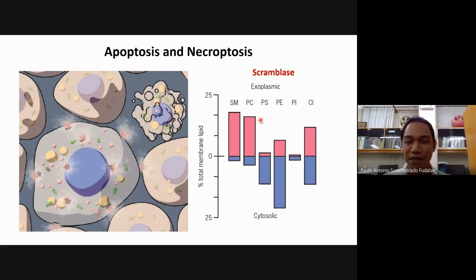Okay, so PC is phosphatidylcholine; the one I meant is PS, phosphatidylserine. So scramblase will cause phosphatidylserine to invert its amount relative to the inside of the bilayer of the cell membrane. So look at this. Scramblase will cause more phosphatidylserines to be on the outside than on the inside.